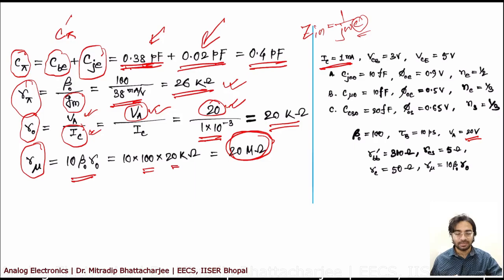And in some cases, if for example you calculate only CBE, you are getting 0.38 picofarad, your CJE compared to this is very low, so ultimately we'll see the R pi value, right? So 0.38 and 0.4, not very high.